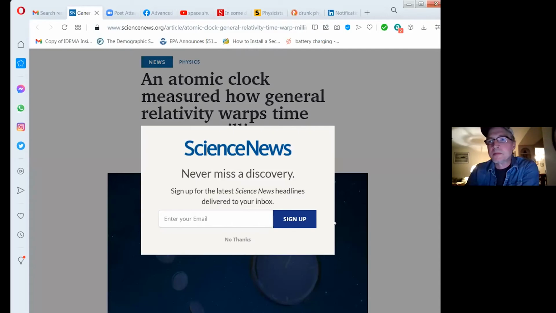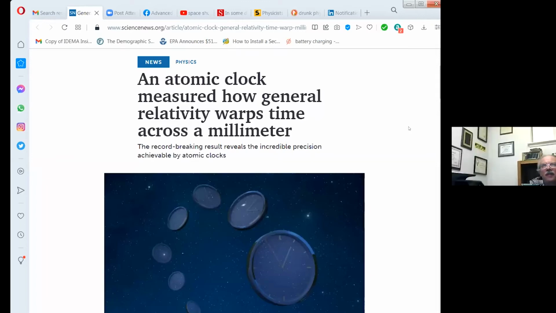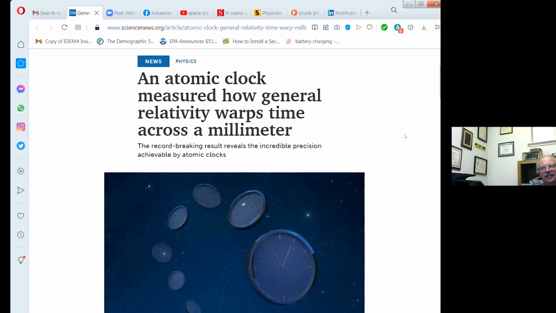So I was going to share an article about general relativity. It's an atomic clock that measured how general relativity warps time across a millimeter.